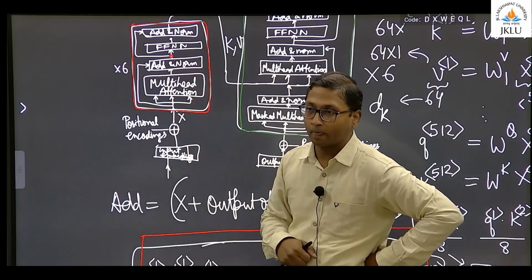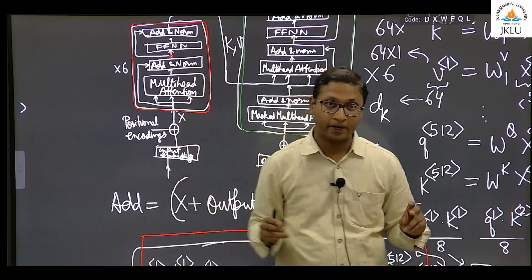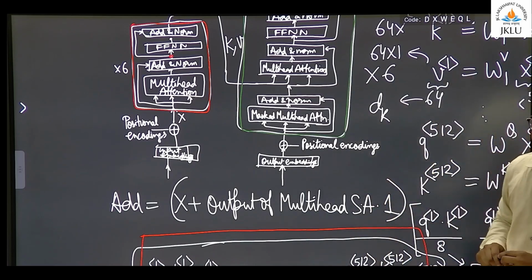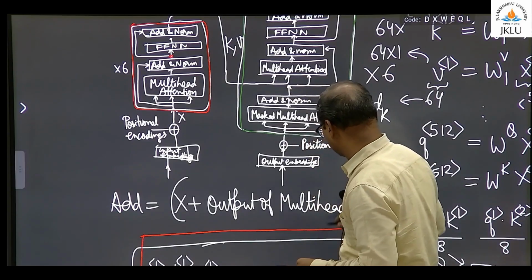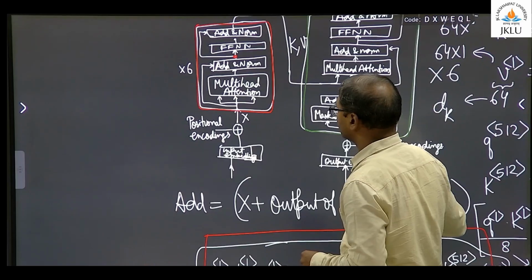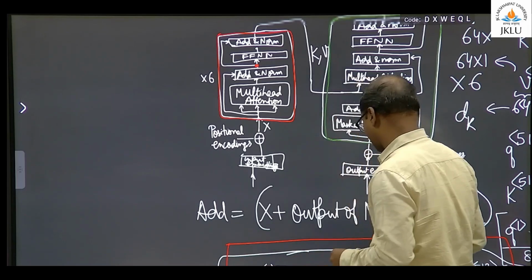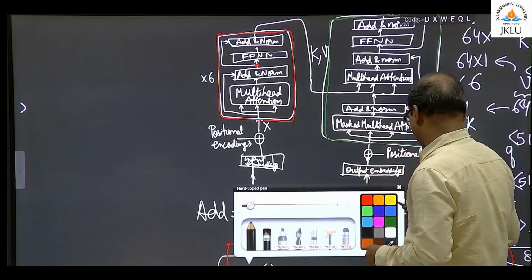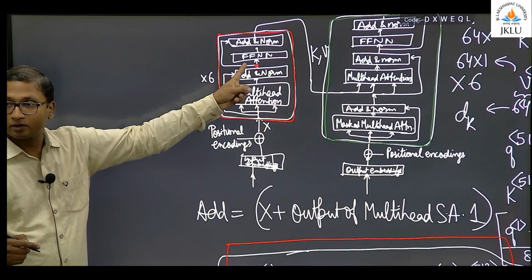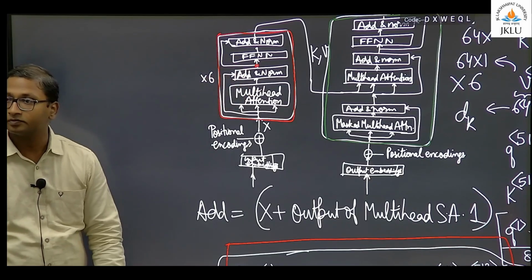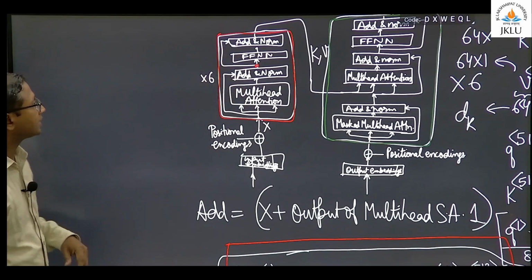What do we do? This part is super easy and we are done with the encoder part in the next 5 minutes. So tell me, what is the dimension of my vector at this red spot? 5 and 2. Okay, I have this 5 and 2. What is my FFNN?